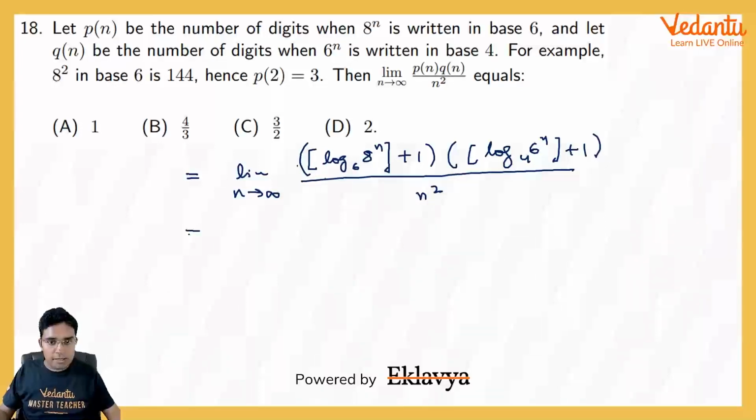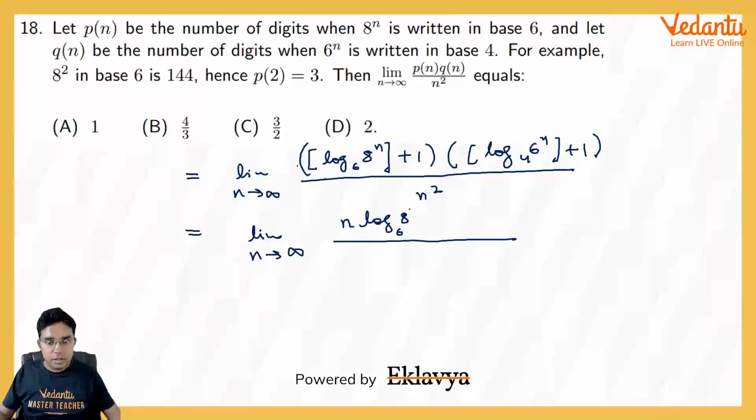Now inside this log, I can write this as limit n approaches infinity. n can be taken outside: greatest integer of n log 8 base 6 plus 1, and in another bracket, greatest integer of n into log 6 base 4 plus 1.